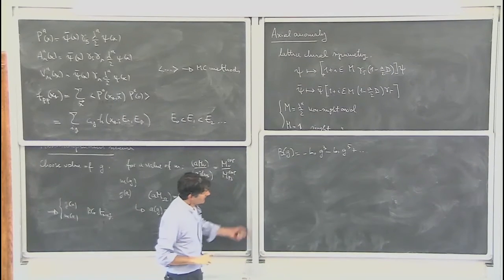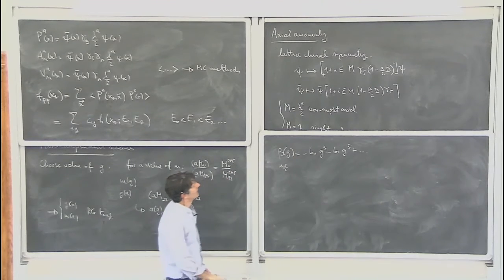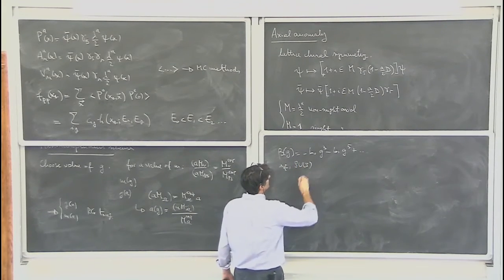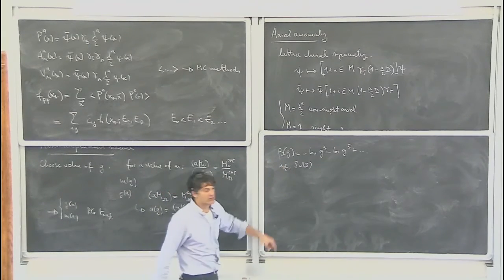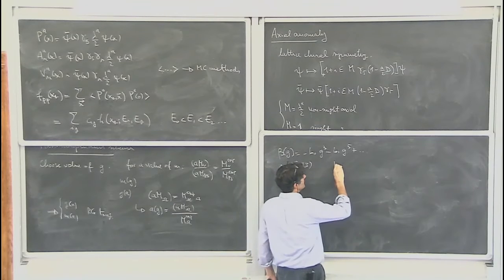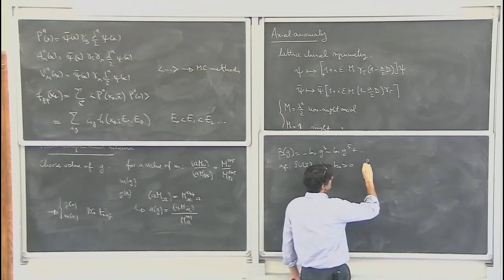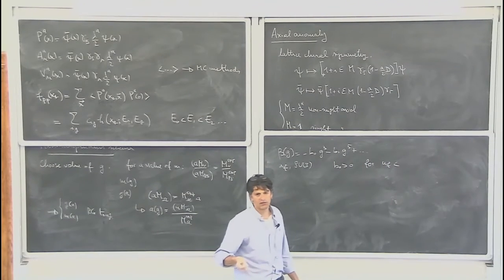Now, if you have Nf flavors and let's say SU(3), you know that b0 changes sign. So b0 is positive for Nf less than, where does it change sign?